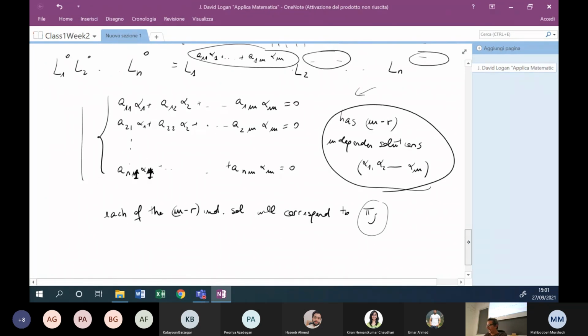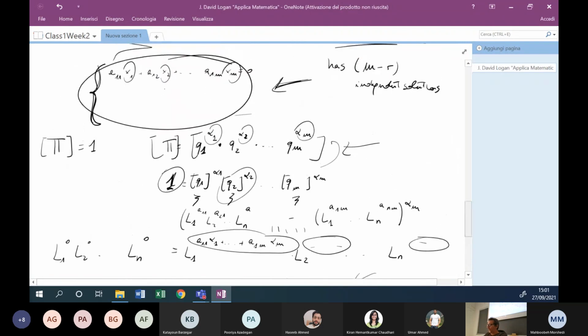Okay, so basically, if you impose the generic pi to be dimensionless, this means that I'm looking for the combination of qi's such that I can find some dimensionless parameter. I can have different combinations which are dimensionless, right? This depends on the alphas.